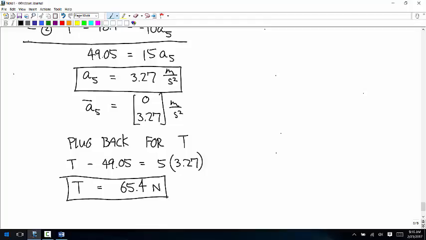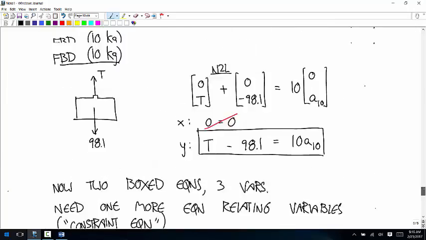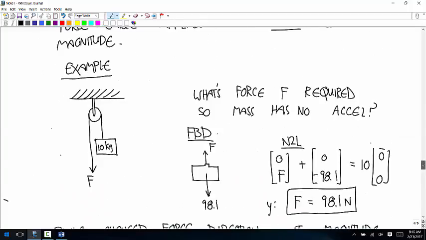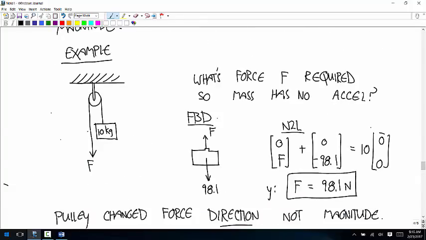One thing that's interesting about that is in the example I did right before, where you're just holding up a 10 kilogram mass, the tension in the cable was 98.1 newtons. Once you allow this thing to accelerate, that force changes. So you might look at that and think, oh, well, the tension in the cable is going to be the weight of one of those 2 masses.